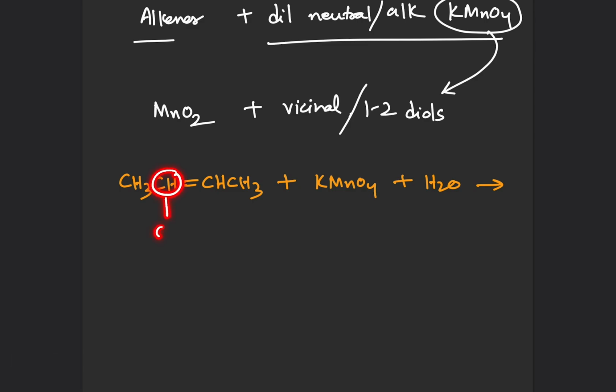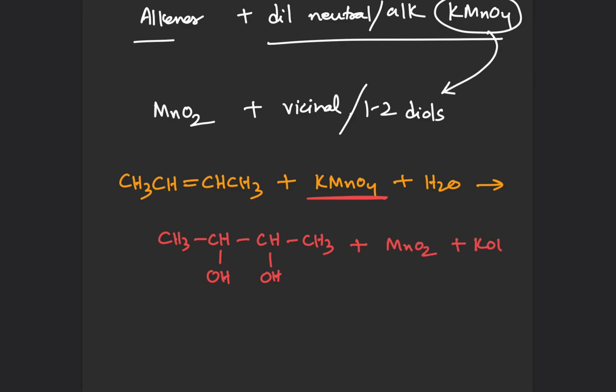One OH will be attached to this CH, and one OH to the other CH, and the double bond will be converted into a single bond. So we will get CH3CHOH-CHOHCH3, and as usual KMnO4 will be converted into the brown precipitate MnO2, and we'll get KOH. So this falls under the category of Bayer's test, right?